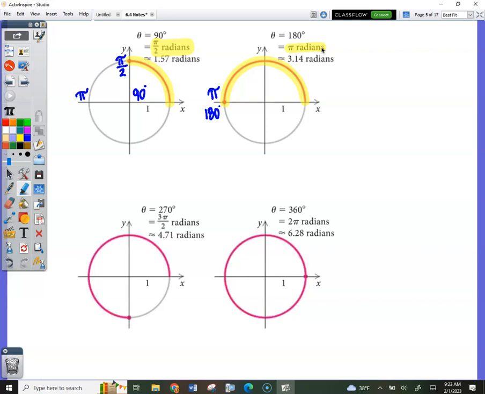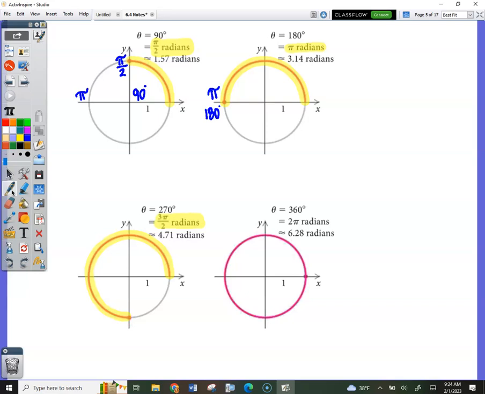Now the next one is 3 pi over 2. Let me explain how they got it. You are rotating through 3 quadrants. Always count by the denominator. So the denominator is 2. You have to think of the very first unit.